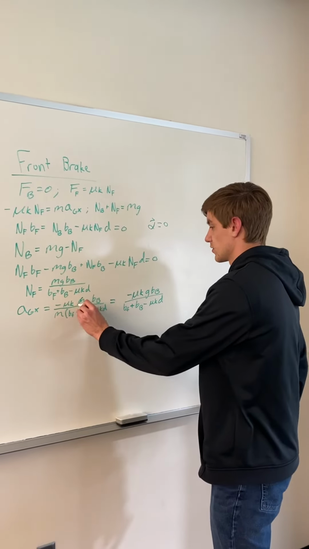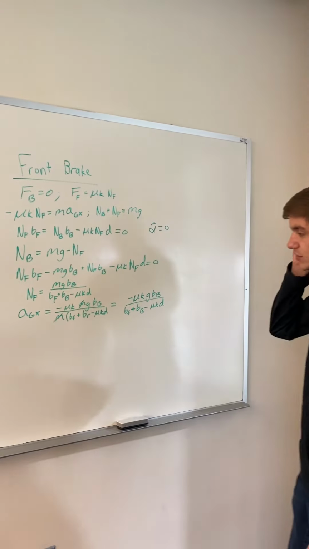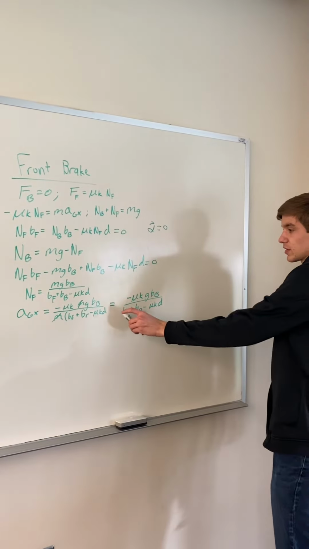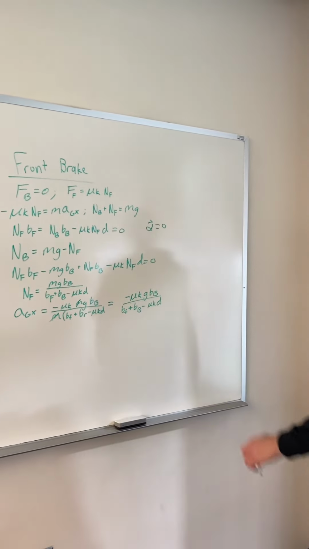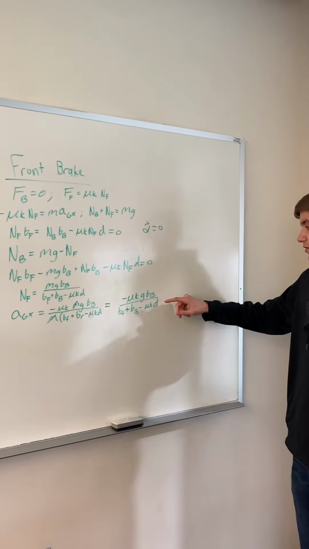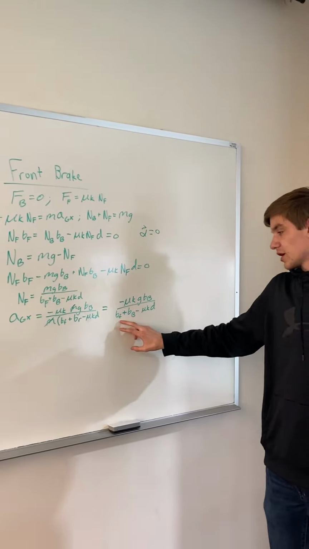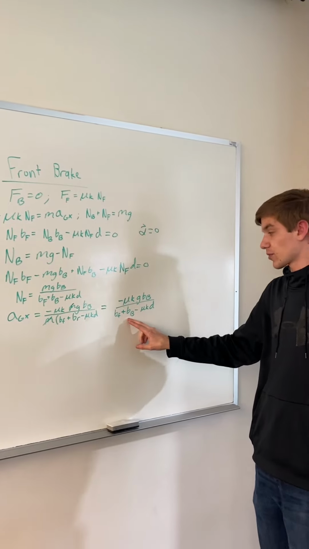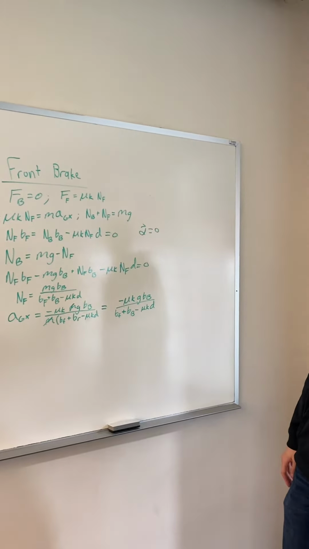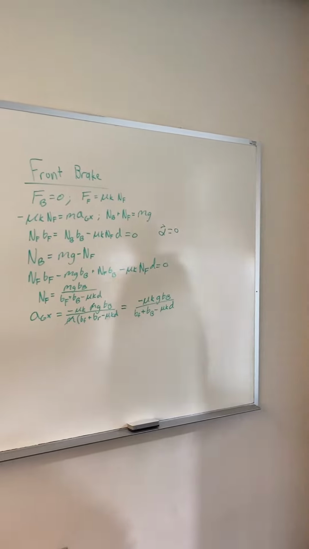And then again, similar to the back brake equation, we can cancel out our mass, and we're going to be left with negative friction times gravity, distance to the back brake divided by front brake distance plus back brake distance minus mu k times distance.